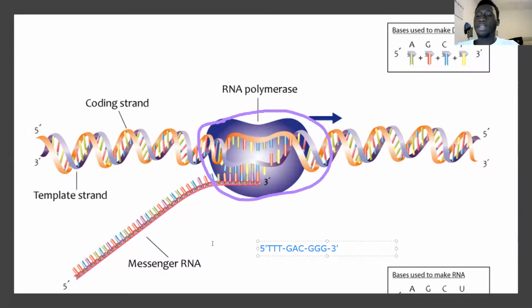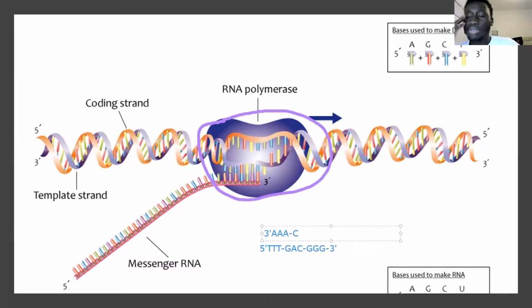All right. So this is what the RNA polymerase would do. It makes a complementary base. So that means this is going to be 3 prime and TT, right? So what is complementary to T, which is A, right? So A, and then complementary to GC.